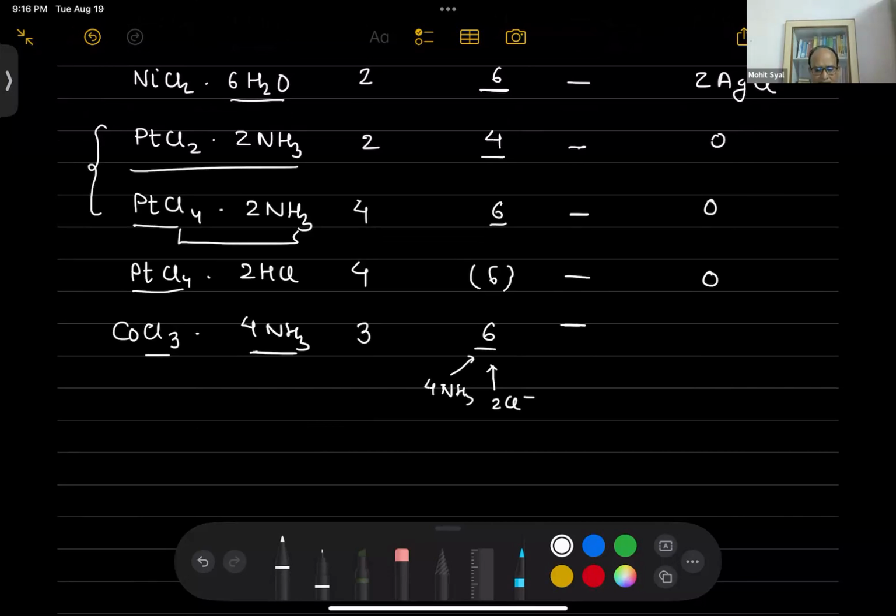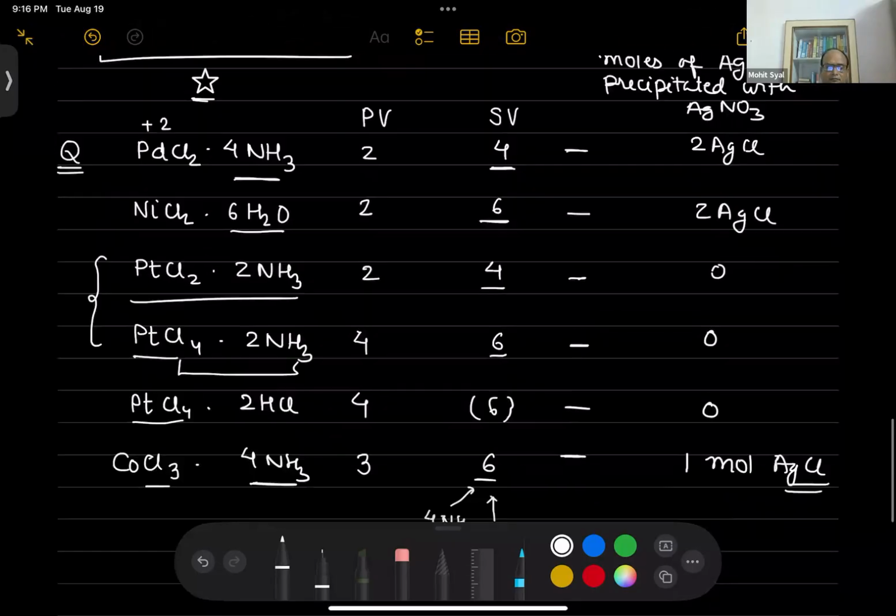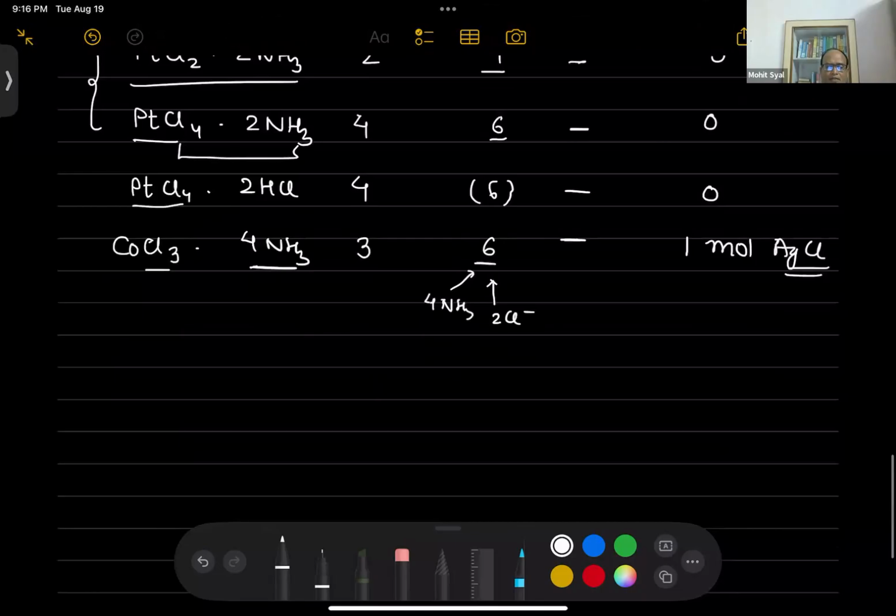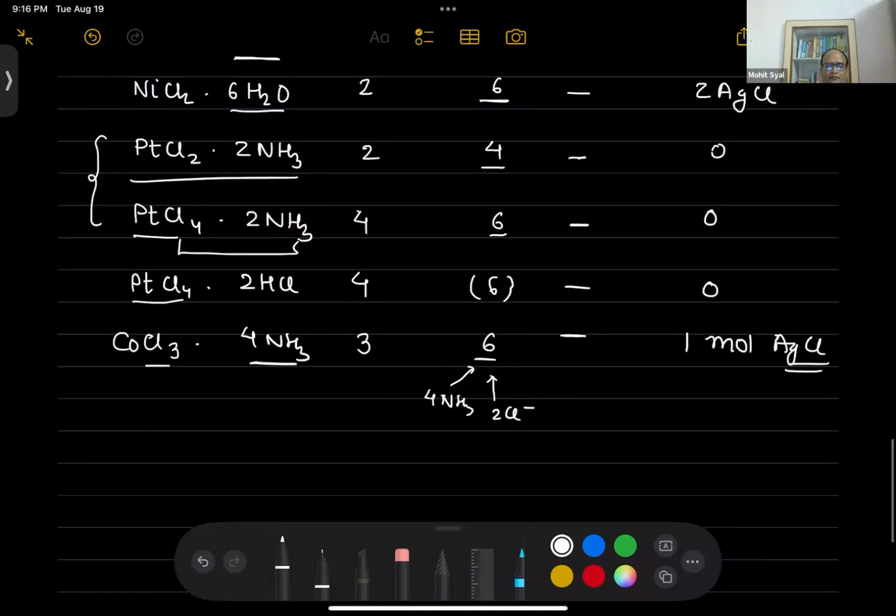That should remain outside the square bracket, and that is the only ionizable one. Is it clear or not? Any doubts in this? No, sir. Jasleen, is it clear? Yes, sir.